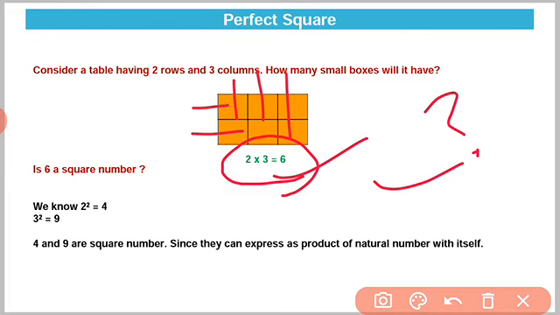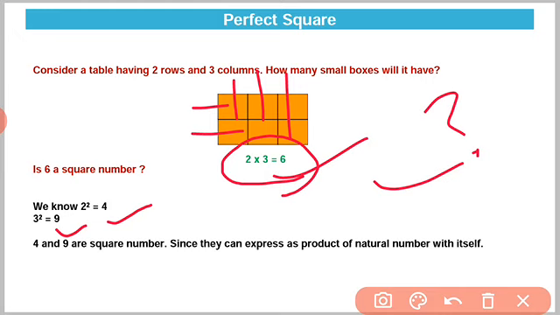Let's check it. We know the square of 2 is 4, and when we square 3 it comes out to be 9. So 4 and 9 are square numbers, we know that, and 6 lies between 4 and 9. So if 6 has to be a square number, then it should be the square of a natural number.